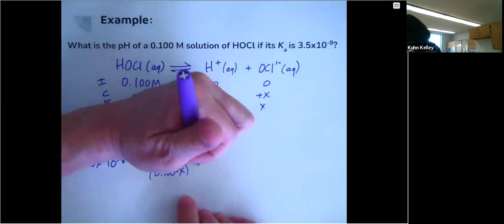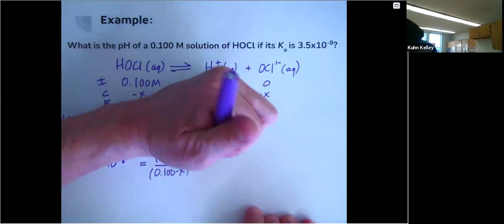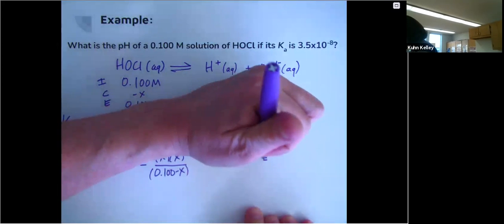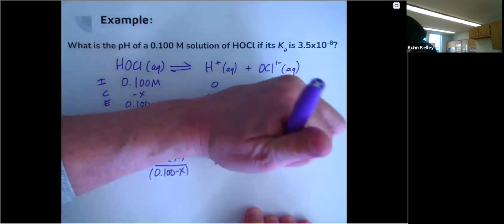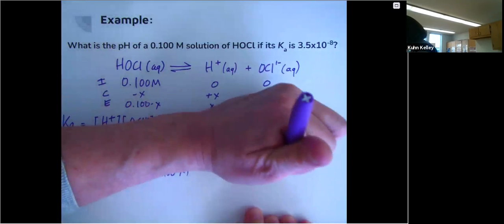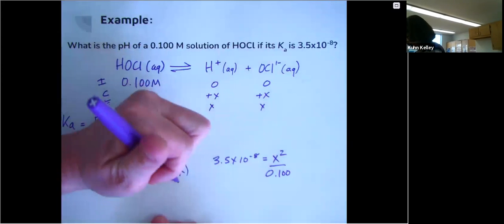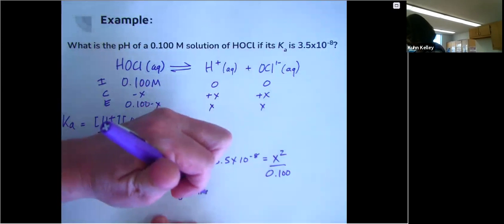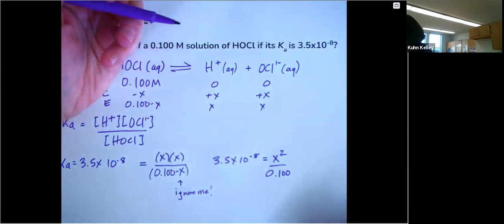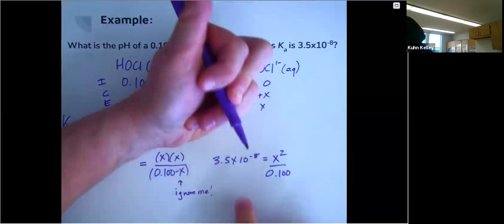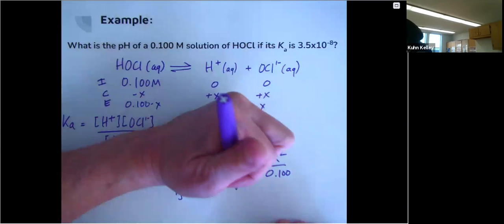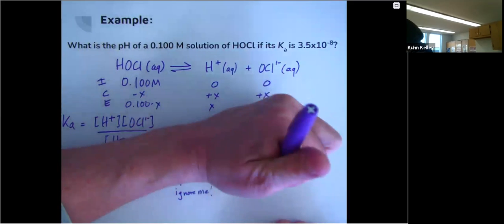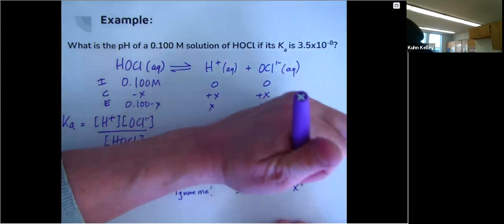So this will simplify to 3.5 times 10 to the negative 8 is equal to X squared over 0.100. So if I simplify this, I'll multiply both sides by 0.1. So I'll get 3.5 times 10 to the negative 9th is equal to X squared.